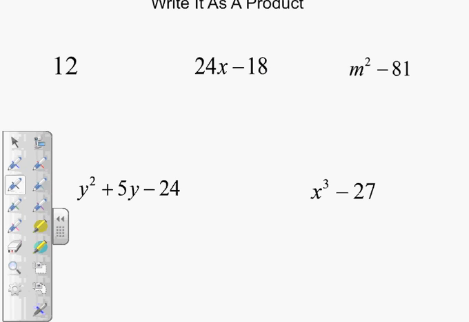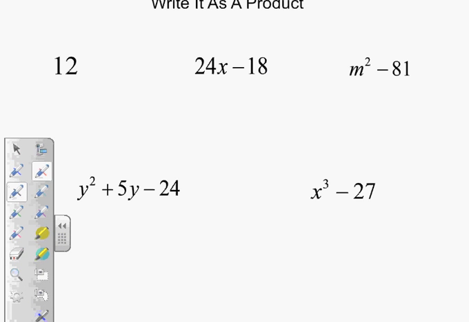Okay, now for a number like 12, this is very basic. I could take this and write it as 3 times 4. This would be having applied a factoring process to 12 by writing it as this product of 3 times 4. Now I could have factored that different ways. Obviously 1 times 12, 2 times 6.